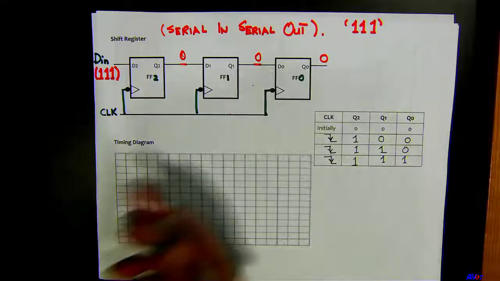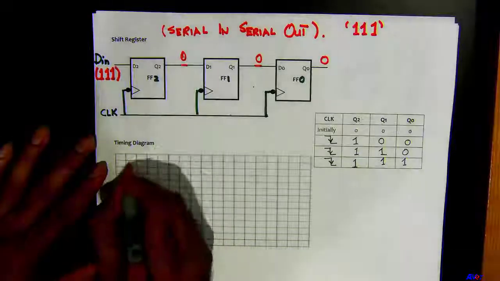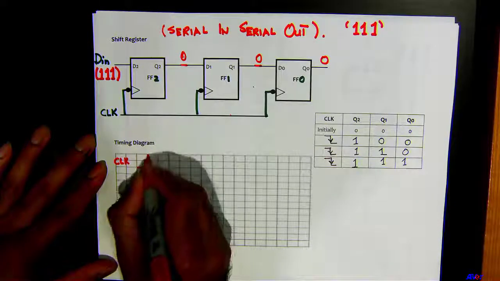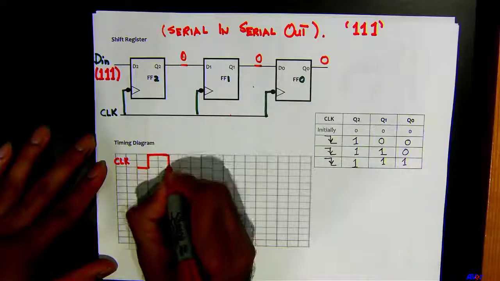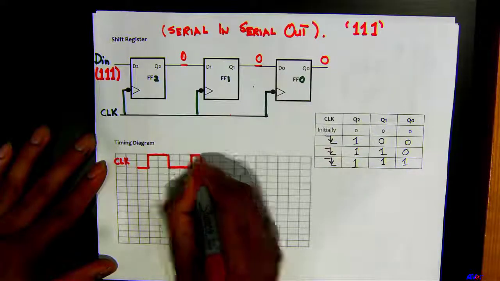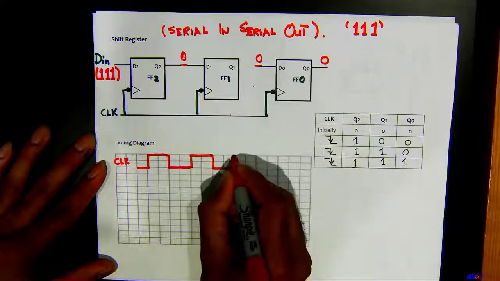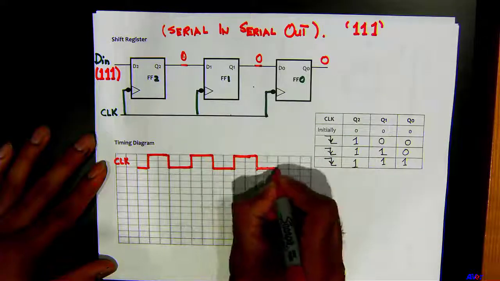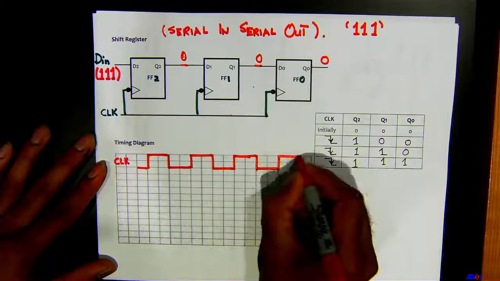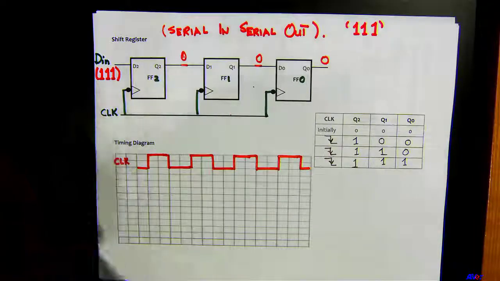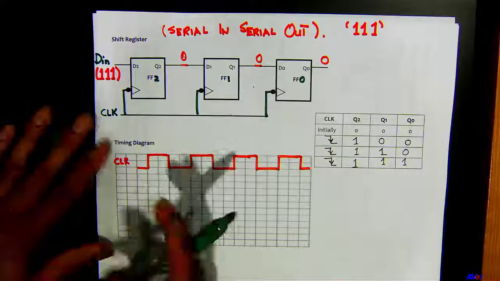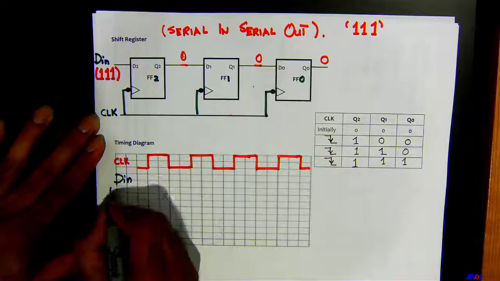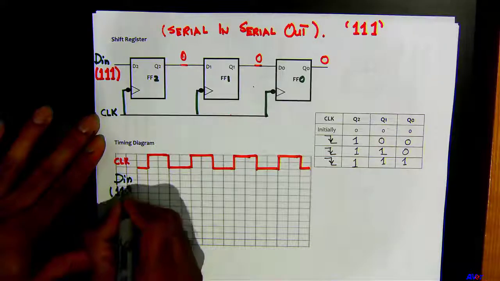Also let's look at the timing waveform. So say this is your clock. And say this is your D in, which was 1, 1 and 1.